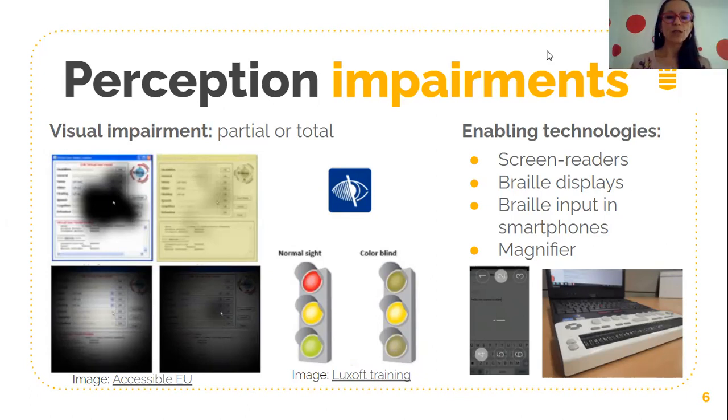So it's the main technology. It's like the basic one. It's in, I think, every operating system, and it's there for people with blindness to use it. It enables them to hear things. They cannot see them, but they can hear them. But nowadays, screen readers can only read text.